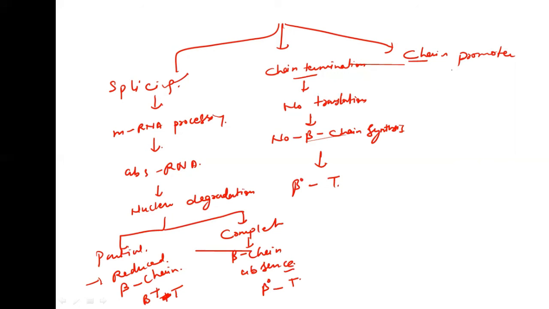And in case of promoter, there is a decrease in transcription, which will lead to beta plus thalassemia. So just remember, in case of splicing, both types of thalassemia are there. In case of chain termination, beta O thalassemia is there. And in case of promoter, there is beta plus thalassemia.